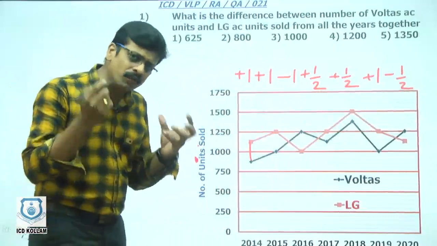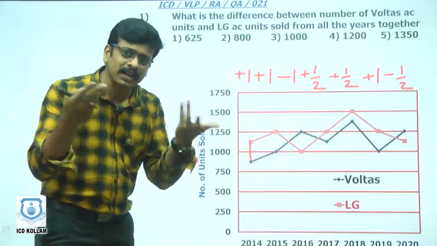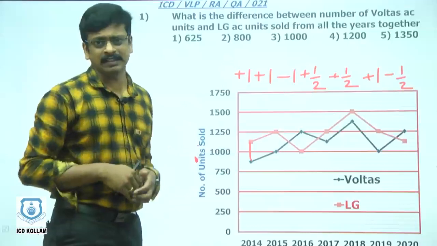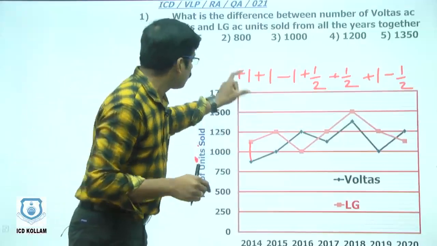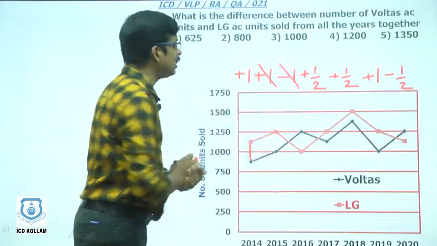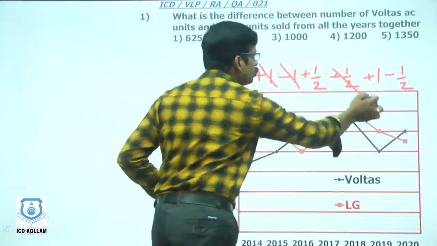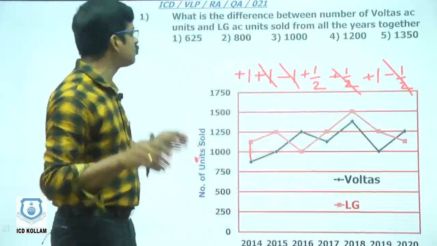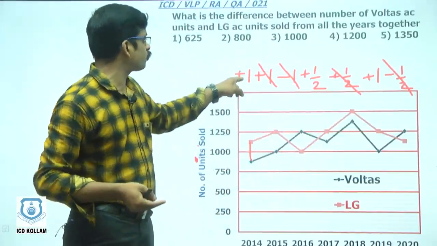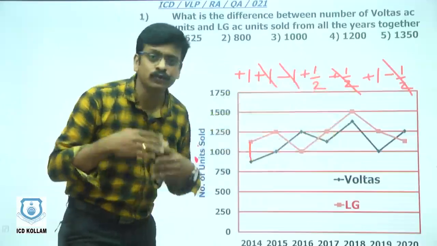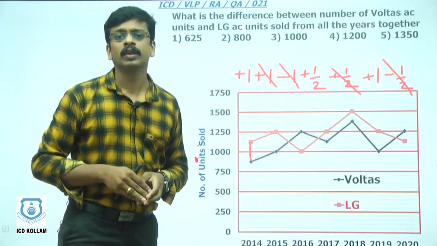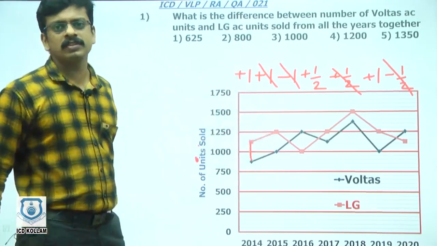Actually there is no need of writing these numbers. We can calculate it in our mind, as I did earlier. Here the plus 1 and minus 1 cancel each other, and plus 1 by 2 and minus 1 by 2 definitely cancel each other. The remaining portion is 1 plus 1, 2, and a half plus 1 by 2, 2.5 blocks.